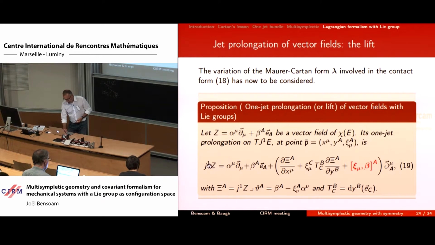And to do that, we need to take variations when we compute the variation of actions in the Hamilton principles. Then we have to vary all the sections. And this time we also have new terms that appear in the variation to conserve the holonomicity of the sections.